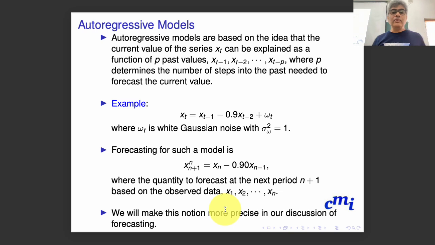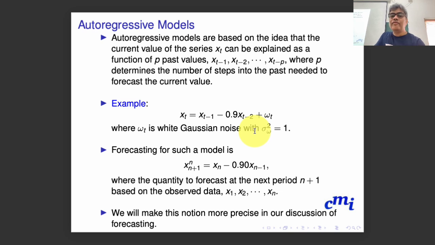So if you remember the autoregression model, autoregression models are based on the idea that the current value of the series xt can be explained by a function of the past p values of the series. So xt will be a function of xt minus 1, xt minus 2, up to xt minus p. Now if you remember this model, xt equals xt minus 1 minus 0.9 xt minus 2 plus omega t, where omega t is Gaussian with variance 1.